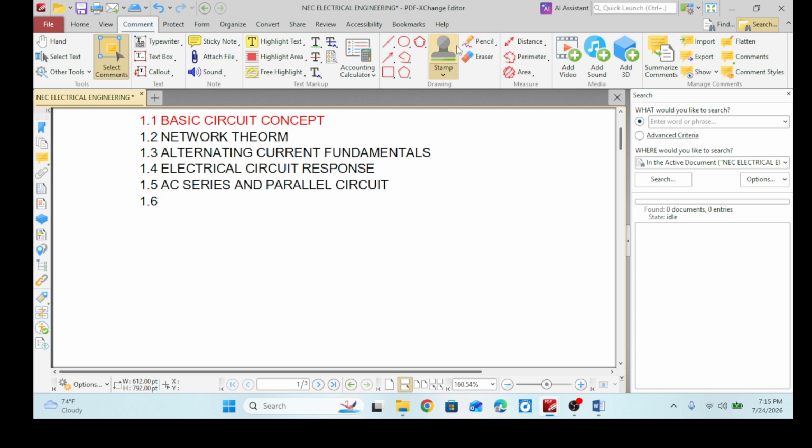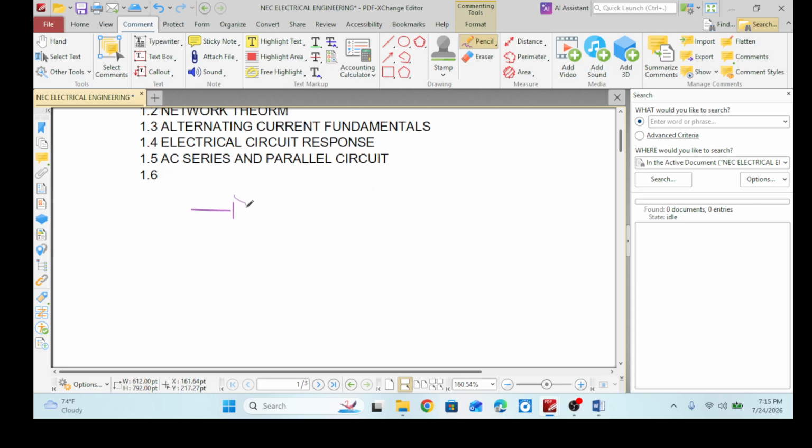Now, an RLC circuit consists of resistance, capacitance, and inductance.